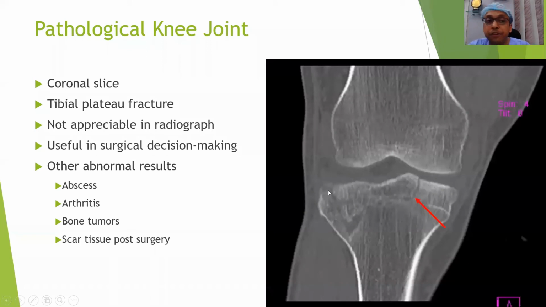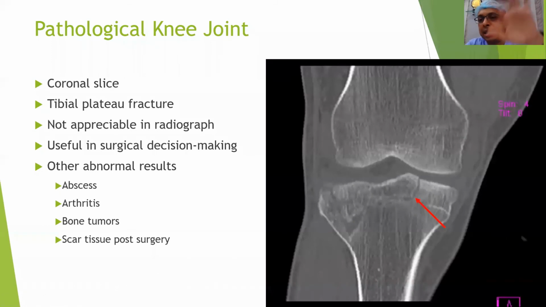But what is beautiful is this: in an X-ray you can probably notice just this fracture right over here, but it is not appreciable in a radiograph. But look, it's a tibial plateau fracture on a coronal slice, okay? It's obviously one slice out of 16 or 32 slices.